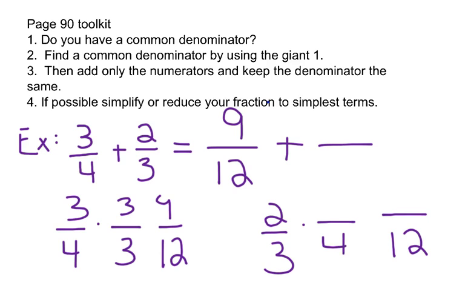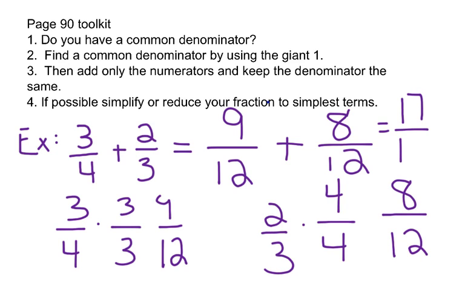And 3 times 4 gives me 12, so my giant 1 in this case is going to be 4/4. 2 times 4 gives me 8, so my new fraction is 8/12. And I get 8 on the top, 12 on the bottom. 9 plus 8 gives me 17. And I keep the same denominator of 12.